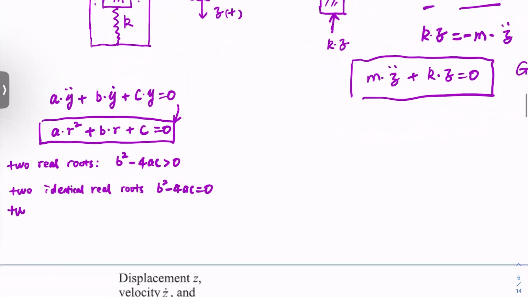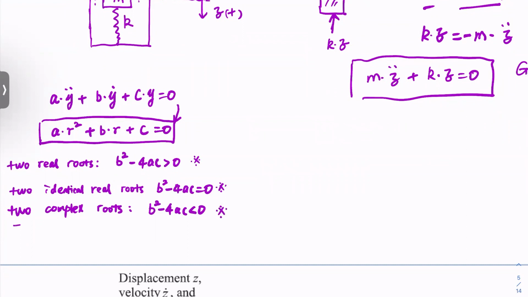And if you have two complex roots, this is smaller than 0, right? For these different scenarios, we would have different general solutions.